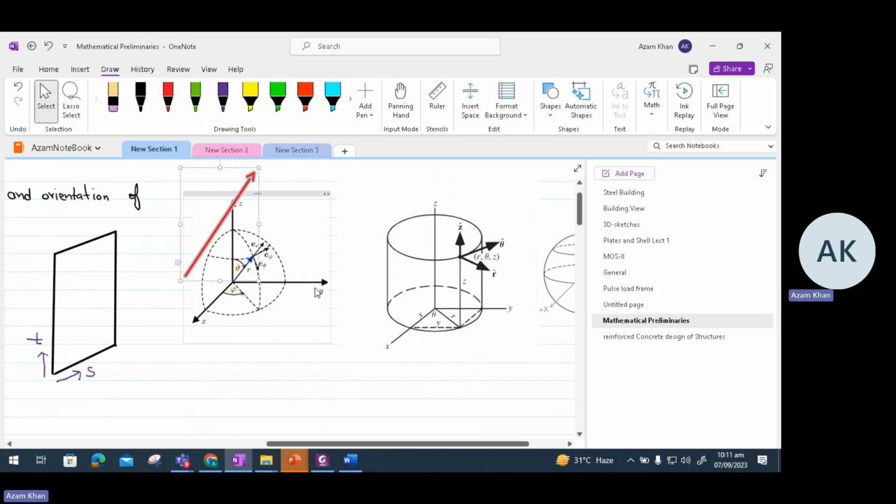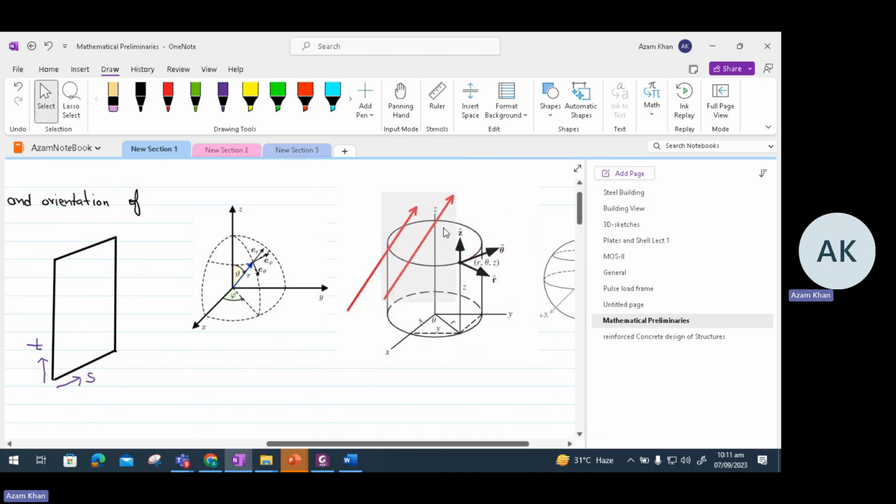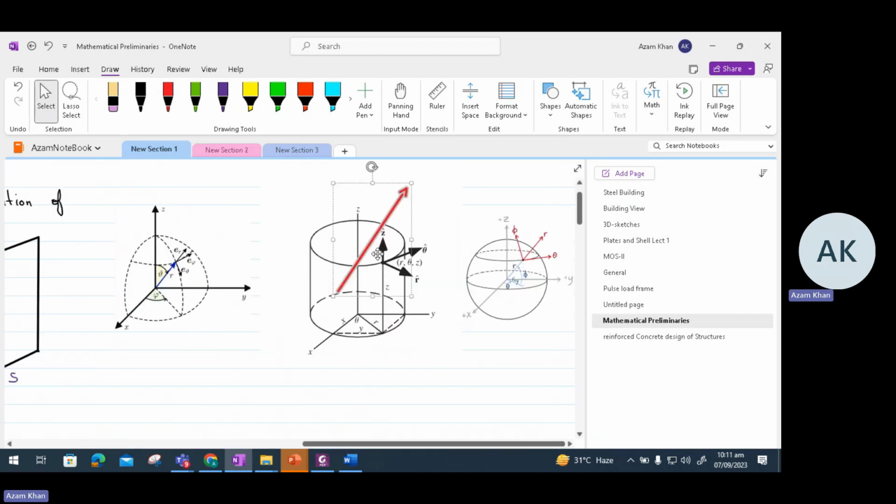We can have it in a cylindrical space also, where we can put this vector anywhere, and the direction and magnitude will stay the same. And the same is the argument with the spherical space. We can put this vector anywhere, and the vector direction and magnitude stay the same.